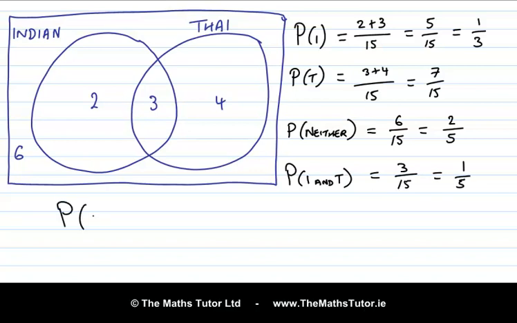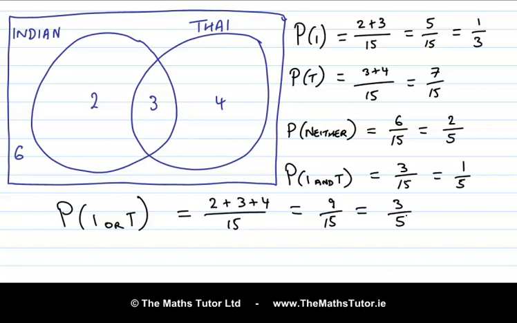Finally, what about the probability of someone who likes Indian food or Thai food? 2 plus 3 plus 4 divided by 15, so that's 9 out of 15, which is 3 over 5. So the probability of someone liking Indian or Thai food is 3 over 5.